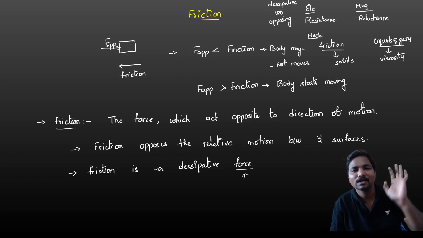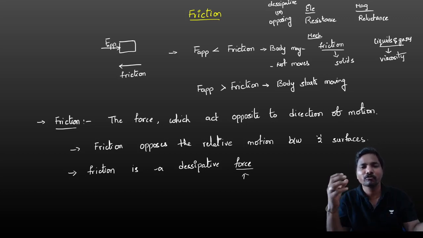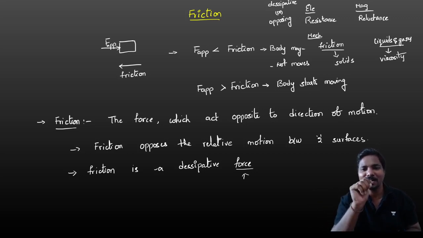So no vehicle concept, no walking concept, no eating concept also. Whenever we take some food with our hands, it may fall down. So we can't eat, we can't drink. If you take any glass, it may fall down whenever there is no friction.